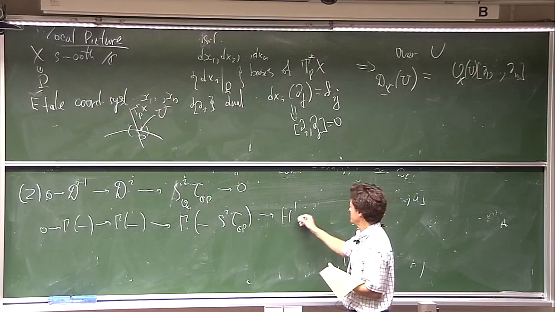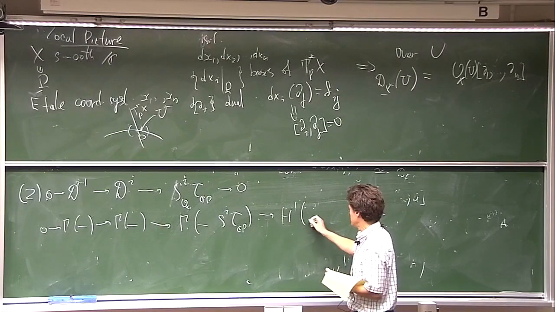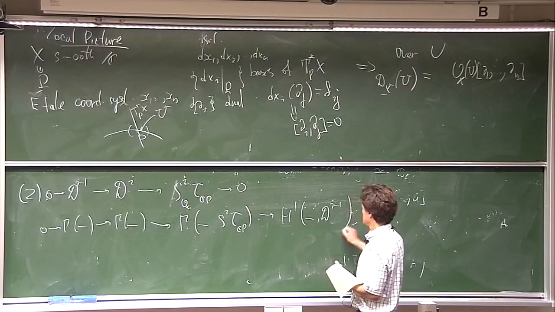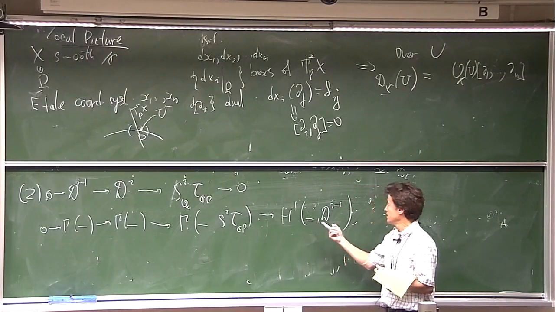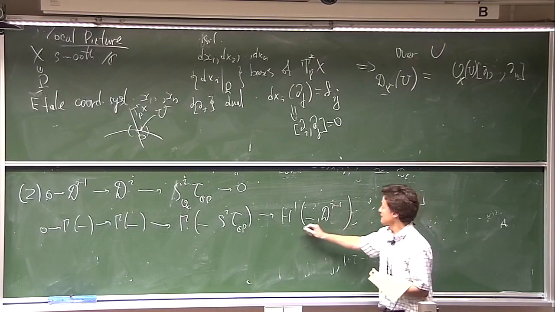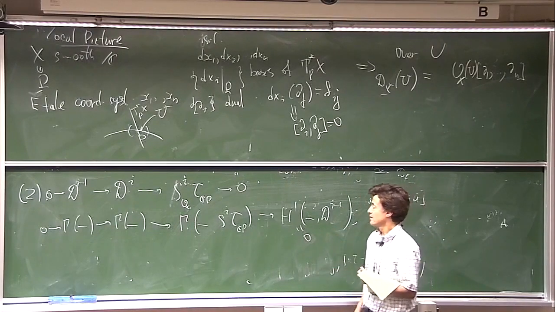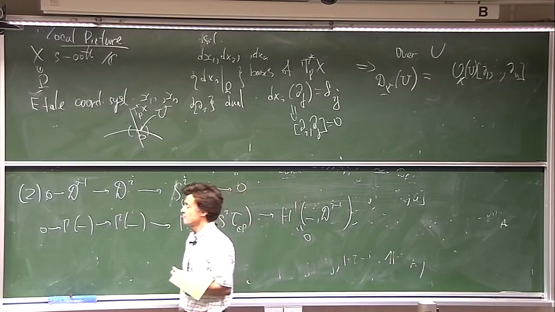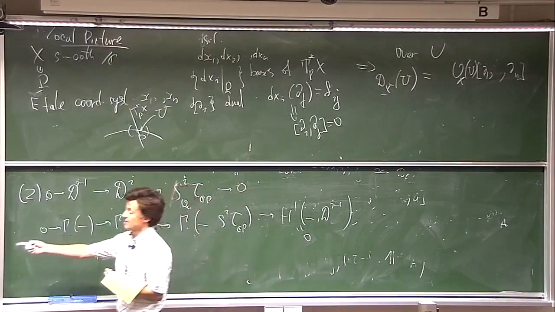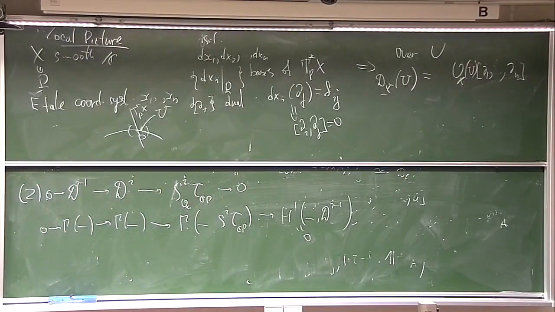So the next will be the first homology. What was it? D_{i-1}. Of course, the argument will be inductive. And the point of the argument is that for each i, this is 0. And if you have this for all i's, then that's exactly what item 2 claims.